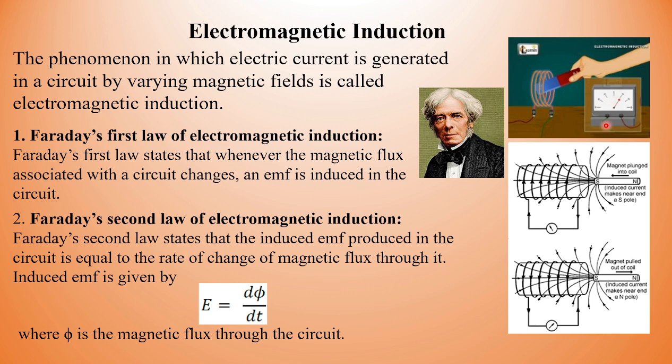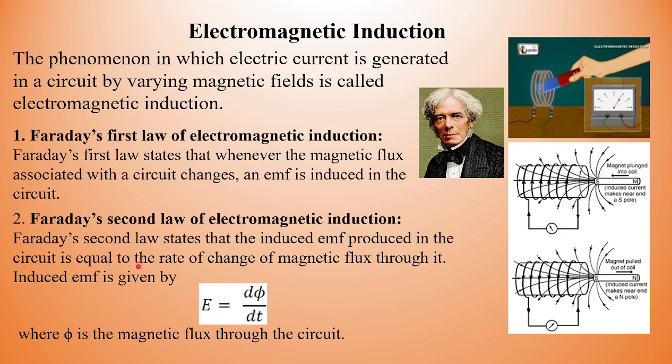That we already discussed. And Faraday's second law states that the induced EMF produced in the circuit is equal to the rate of change of magnetic flux through it. Here we have the magnitude of the induced EMF.